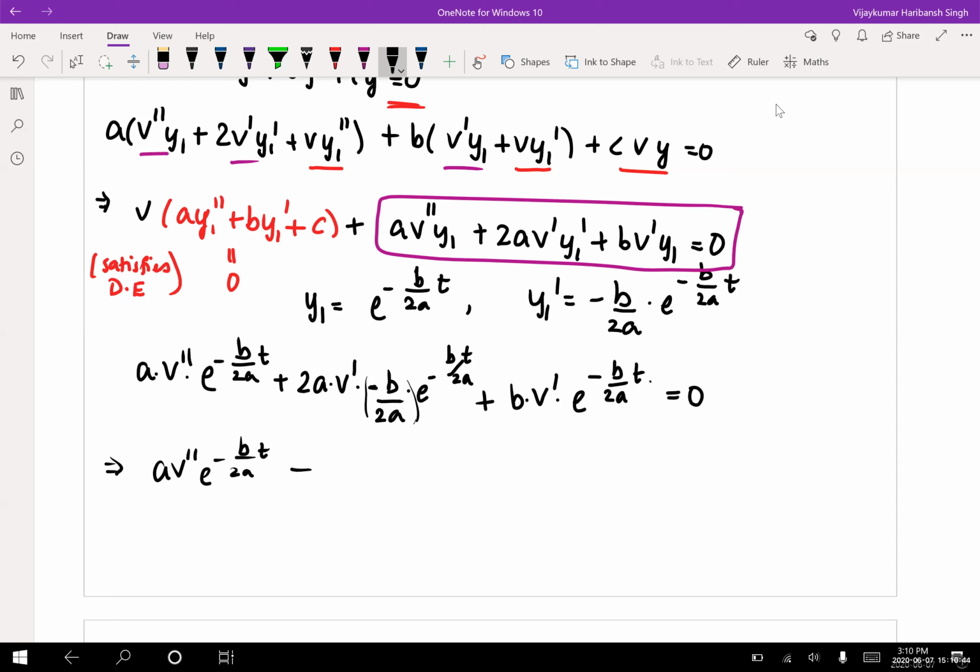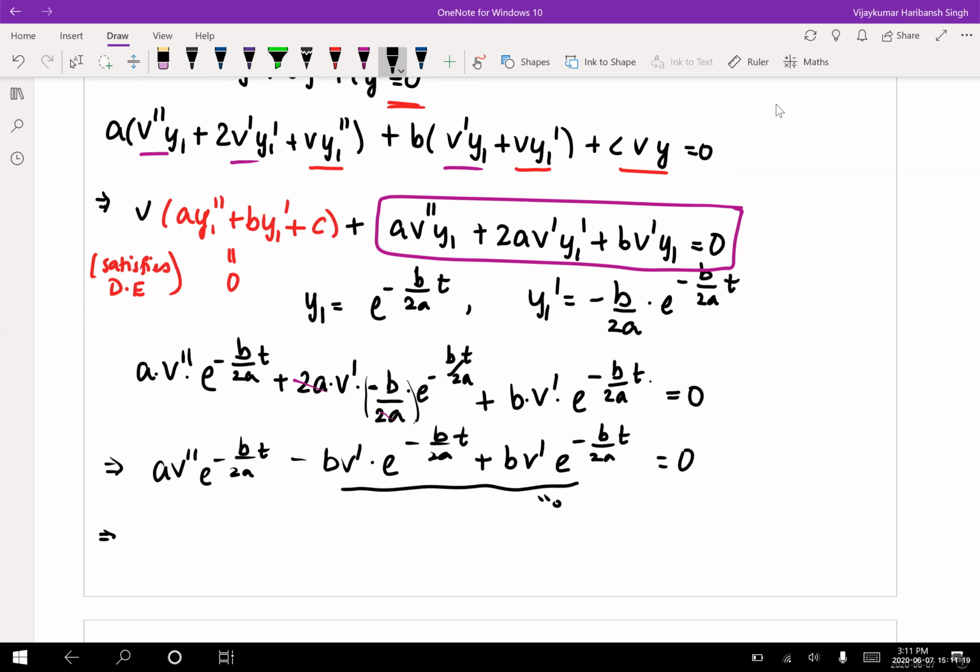What am I left with is minus b v prime e to the power minus b by 2a t plus b v prime e to the power minus b by 2a t, and these guys will make 0. Therefore, this gives us a v double prime e to the power minus b by 2a t equals 0.